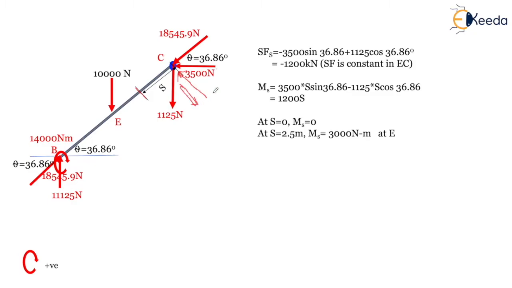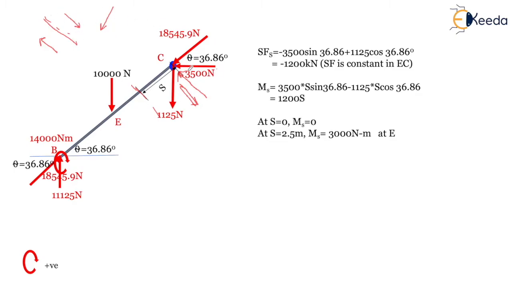Now we have to remember our formulation: when our section is like this, and we are starting our calculation in this direction, whatever force is going down is positive, and whatever is going up is negative.